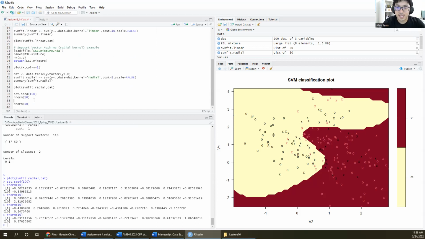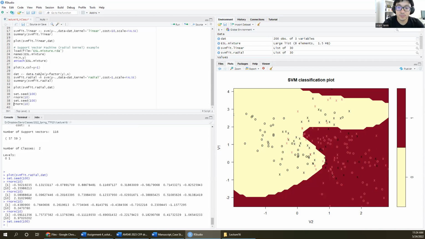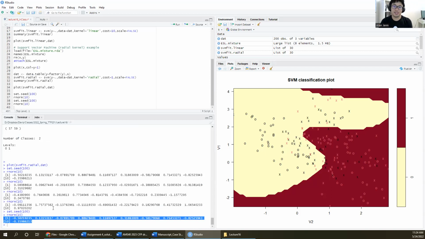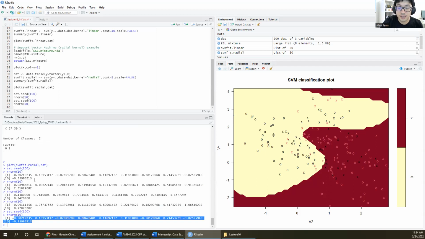But if I set seed 100 here, I run this again, we'll notice that the points after any time I set the seed will be identical. So -0.502195 is the same value here, and it's the same for all the draws here.